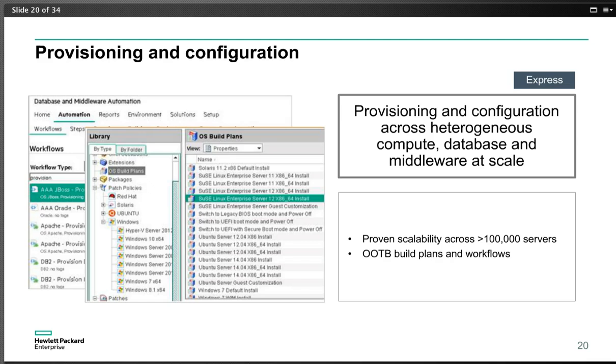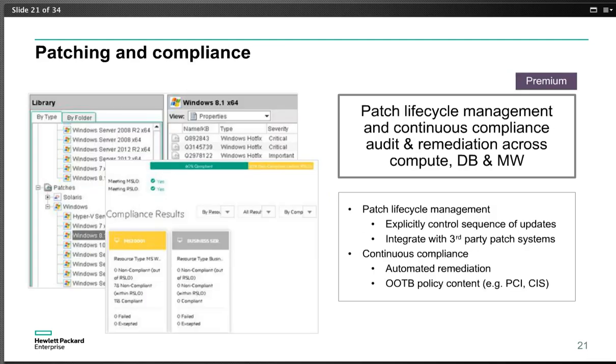On the Premium side, these capabilities of Express are built on additional capabilities offered out here to conduct audits of your environment, whether compute, database, or middleware, to evaluate the infrastructure's configuration for well-defined policies.